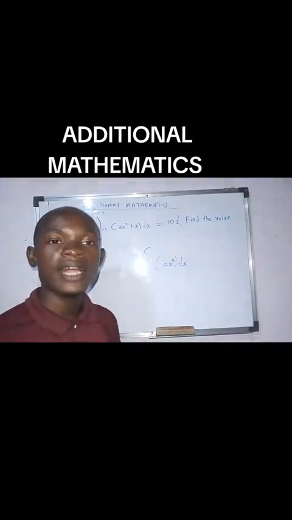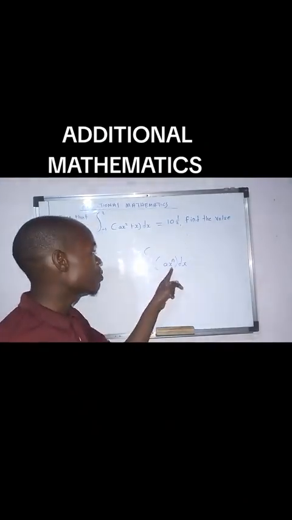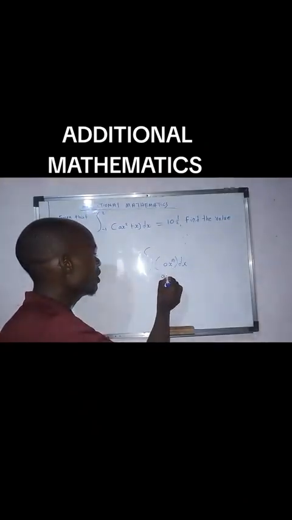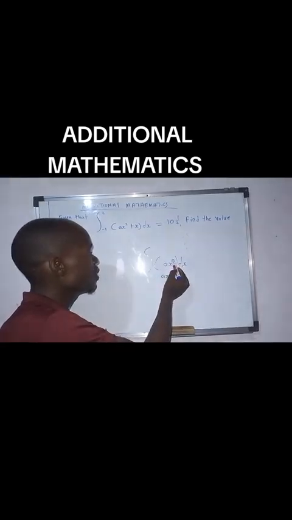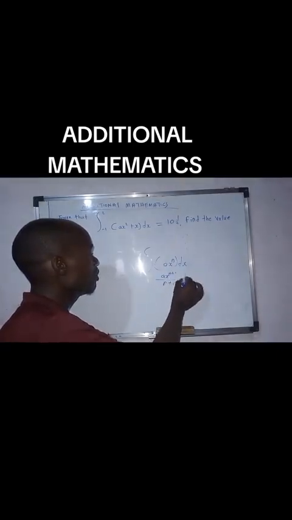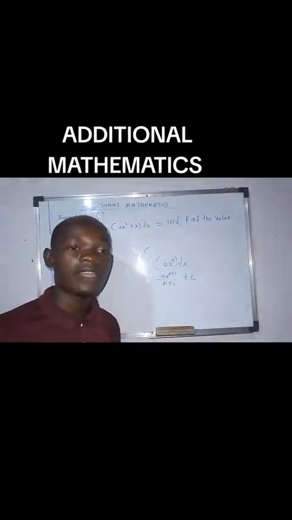We simply add the power of x with 1. So let's say we have ax, then the power of x here, as you can see, is n. I'll add it with 1, then I'll bring it down, plus 1, then plus c, the constant number.